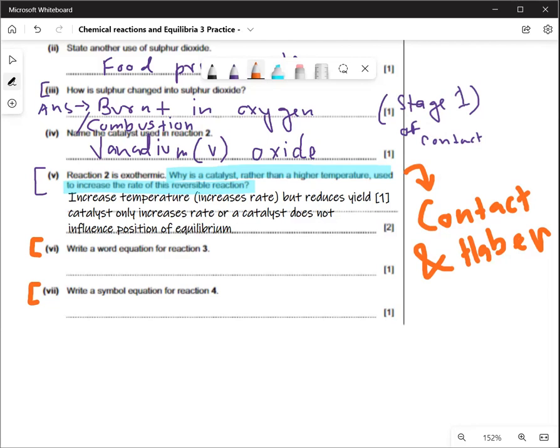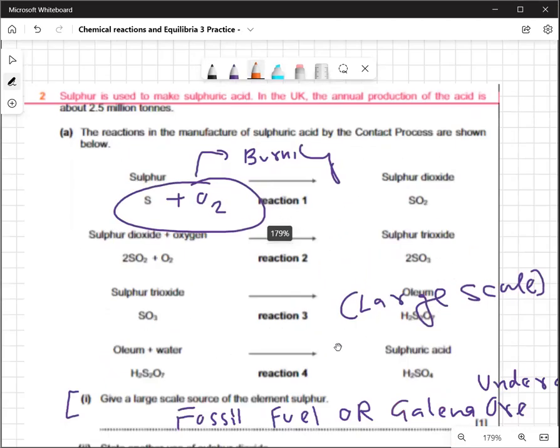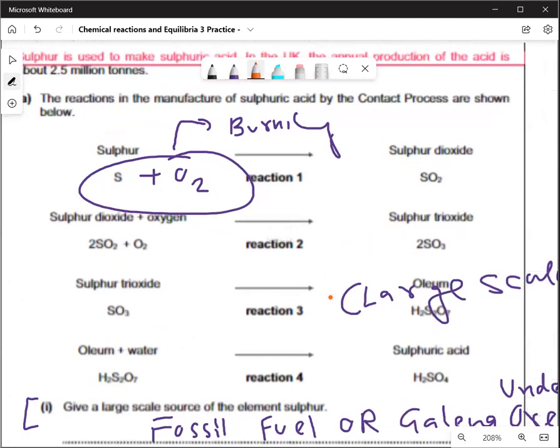Sixth, write a word equation for reaction 3. Yes, you're right. What equation will it be? Reaction 3. Sulfur trioxide, sulfur plus.